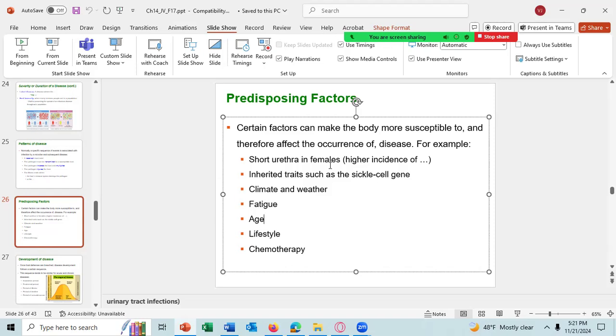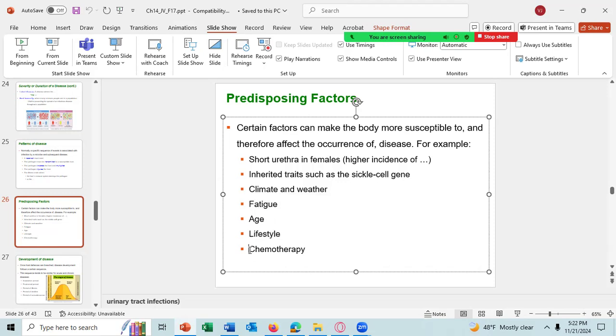Lifestyle can predispose people to getting certain diseases. It's well known, for example, that smokers are more likely to get a respiratory disease. And it's because smoking damages the mucosal membranes, making the patient more likely to come down with a respiratory disease.